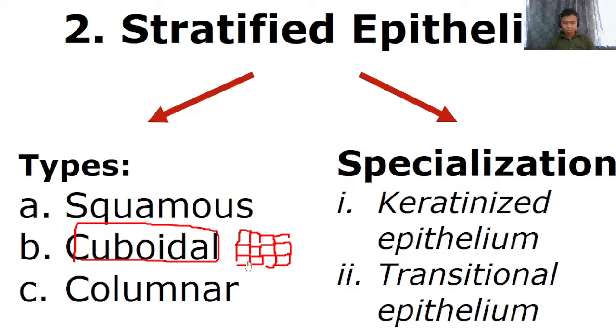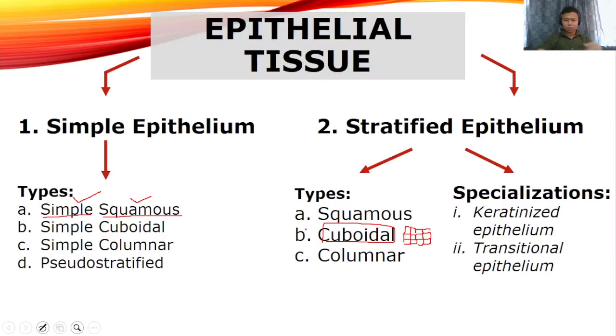We have 1, 2, 3 layers of cube-like cells grouped together performing similar functions. So that's an example of how we use the terminologies when it comes to layers and shapes.